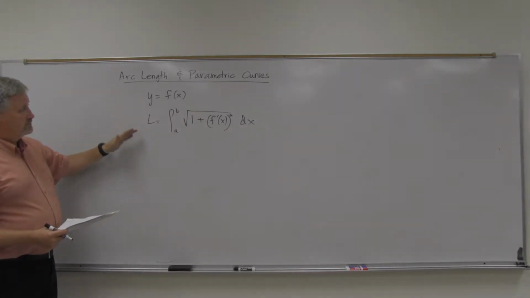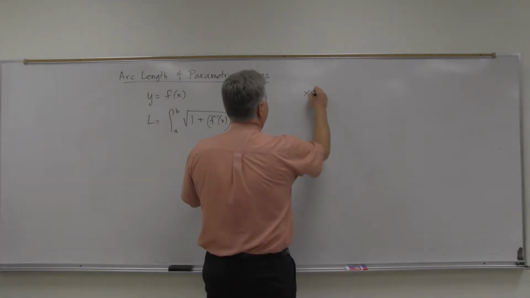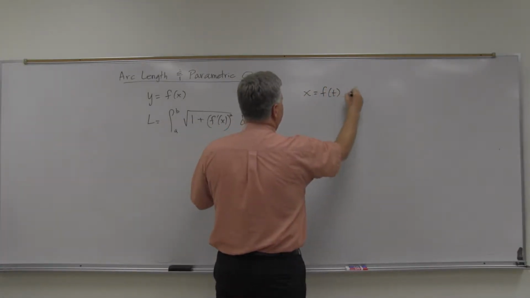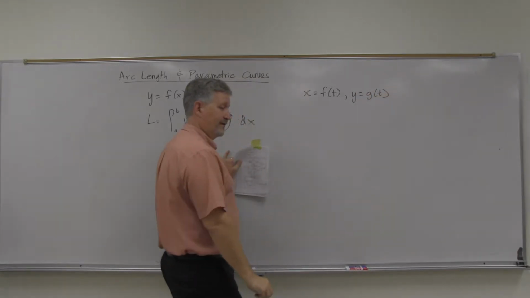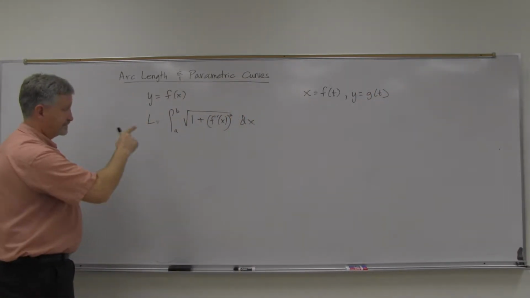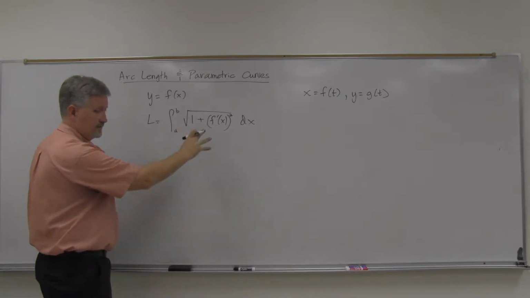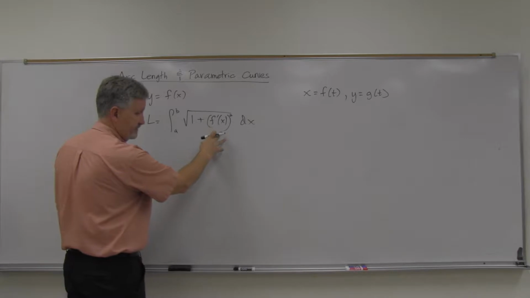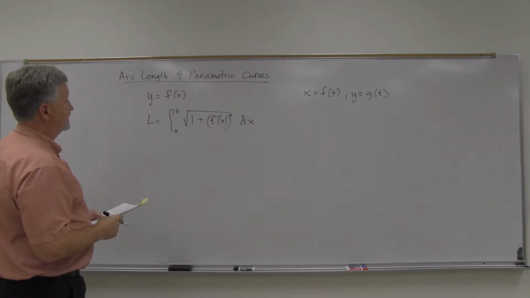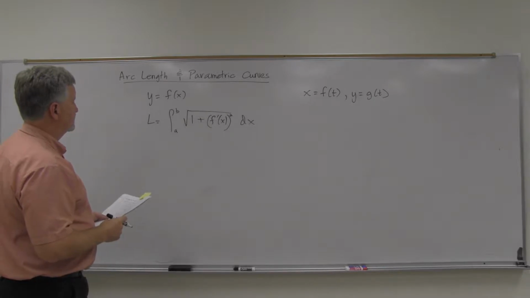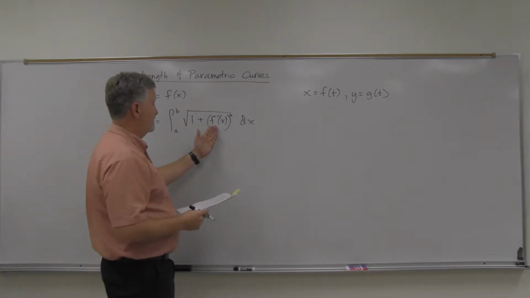All right, well, if we have parametric, x equals f of t, y equals g of t, what about arc length there? Well, if we go back to this and use a little bit of Leibniz notation, this is dy over dx.